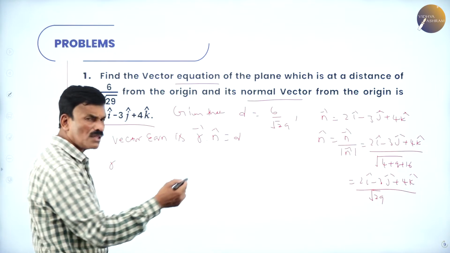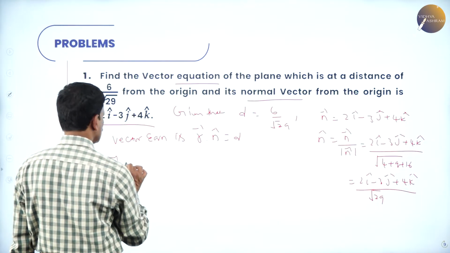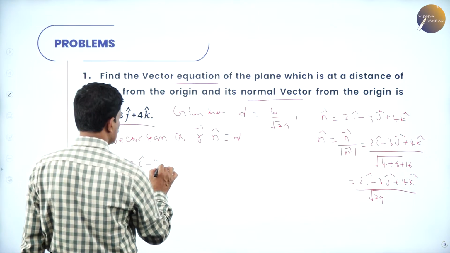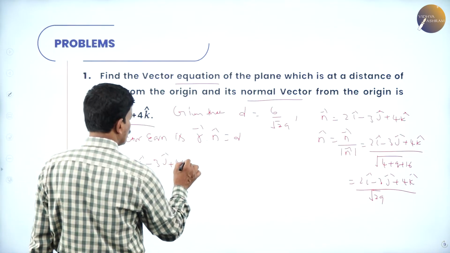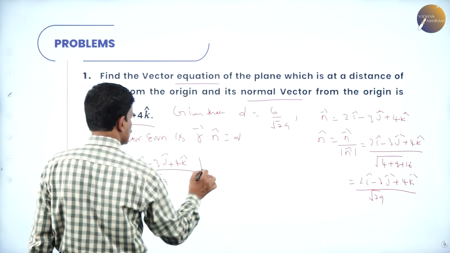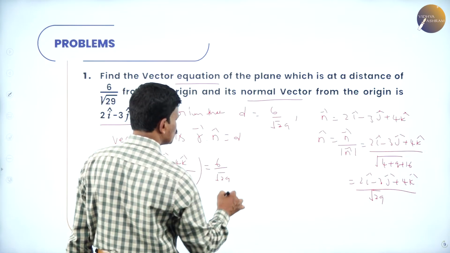Substitute here. What is the vector equation? Vector r dot n cap is equal to d, where d is equal to 6 by root 29.